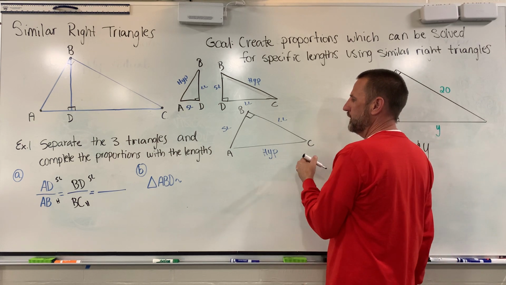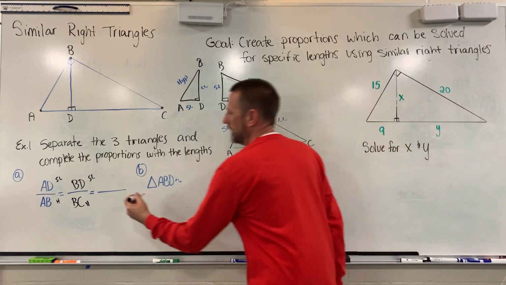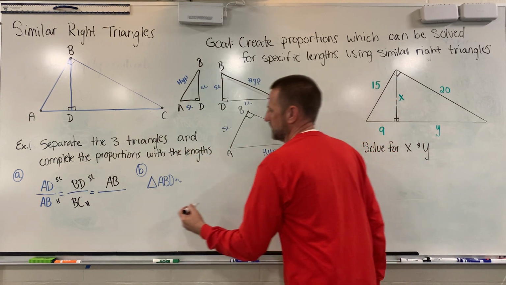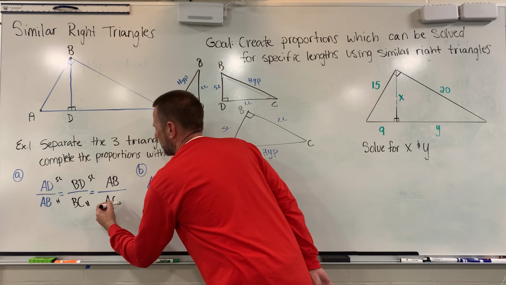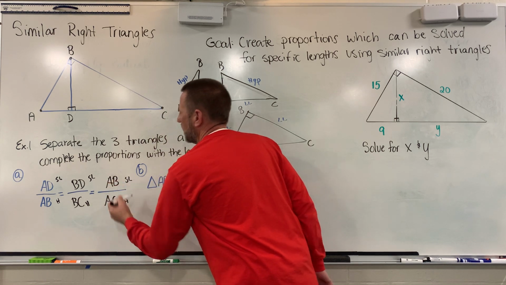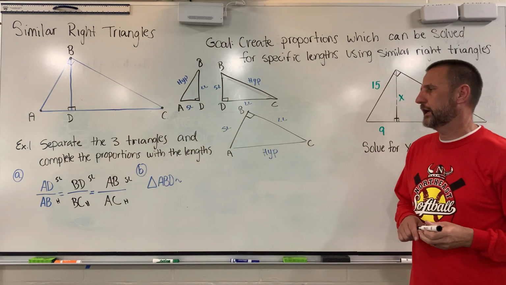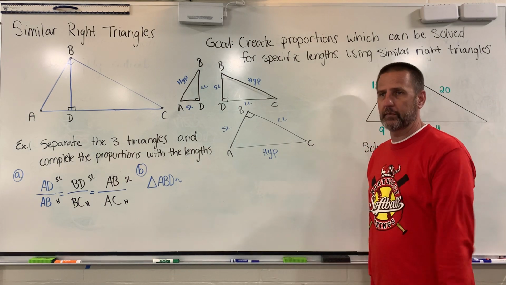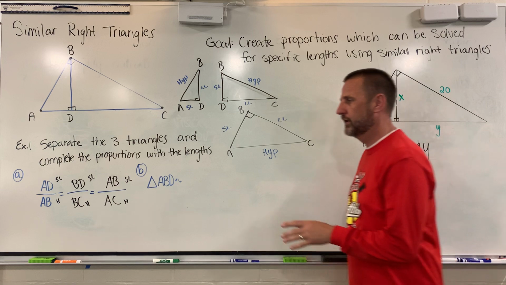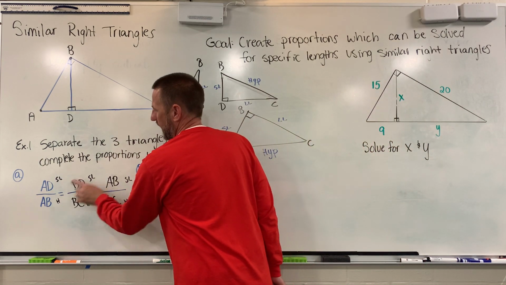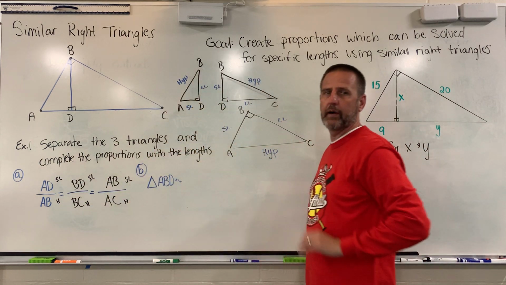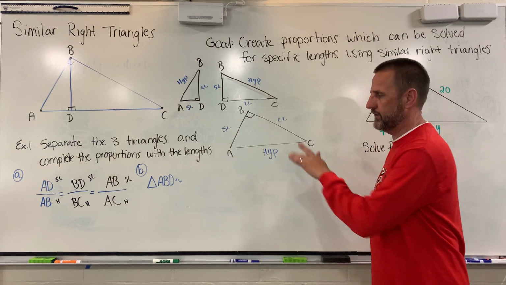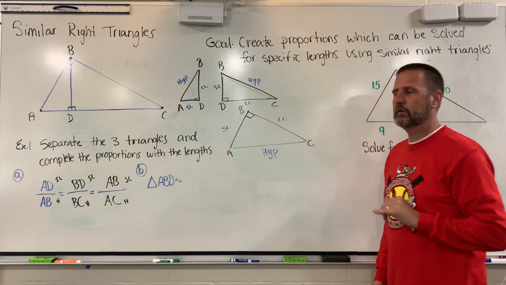And then on the last one, my short leg is AB and my hypotenuse is AC. These are the proportions that I create whenever I'm trying to work out one of these problems. I can create multiple different ways of doing the proportions, but the most important part is that I get a pattern that stays the same no matter what. So if I start with hypotenuse over long leg, then everybody goes in the same fashion.